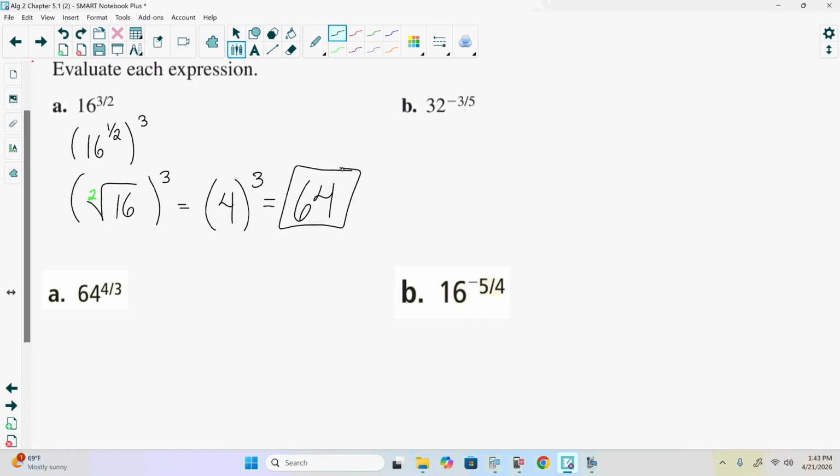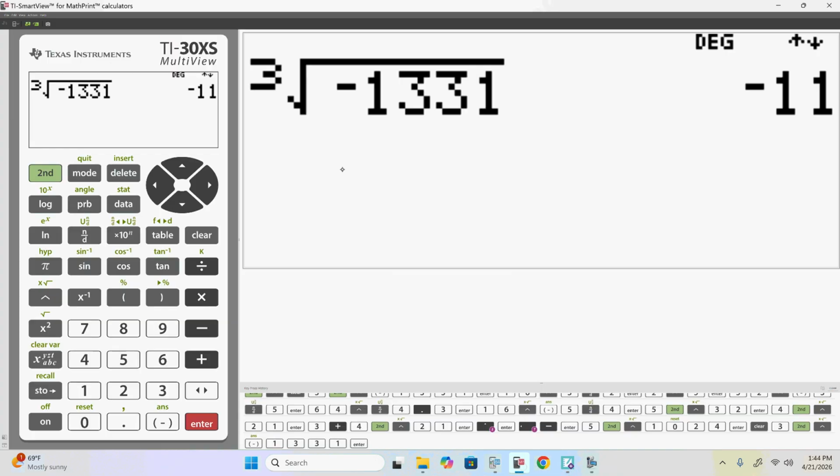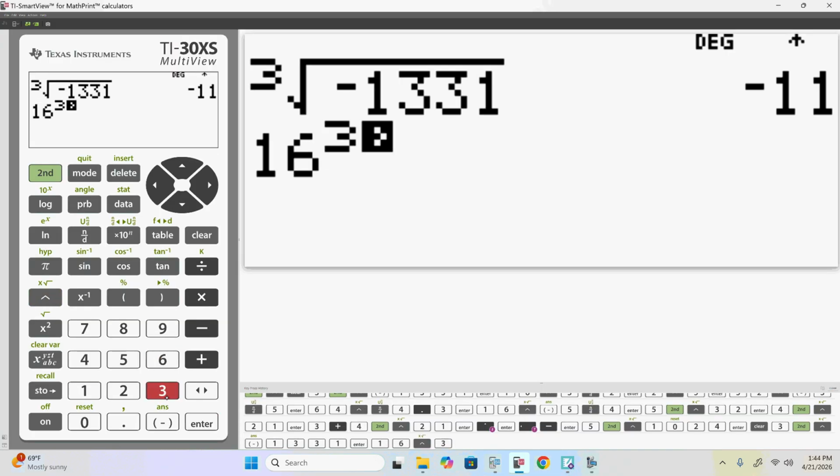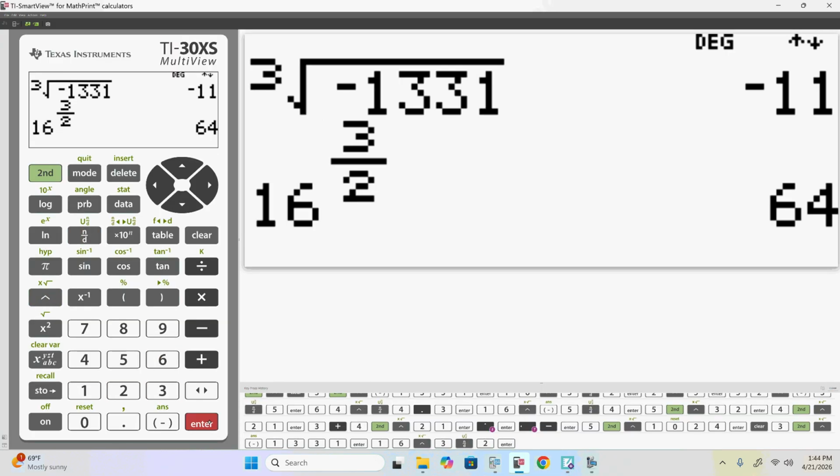But if we had a calculator, 16 to the 3 halves is indeed 64. We get to the exact same place either way.